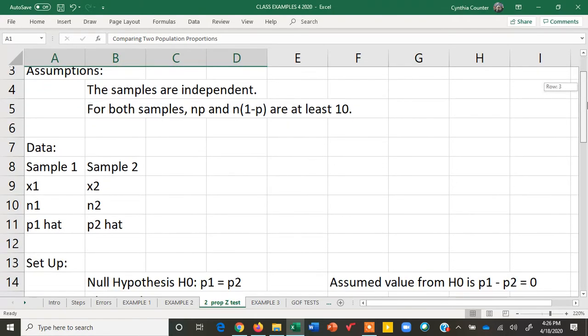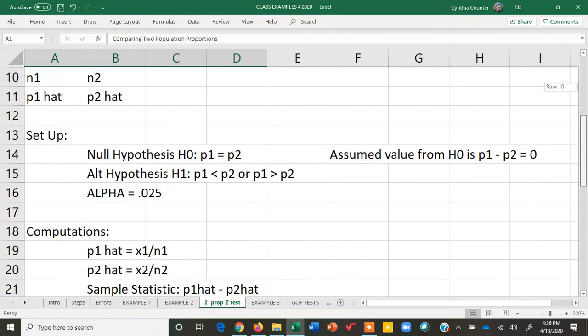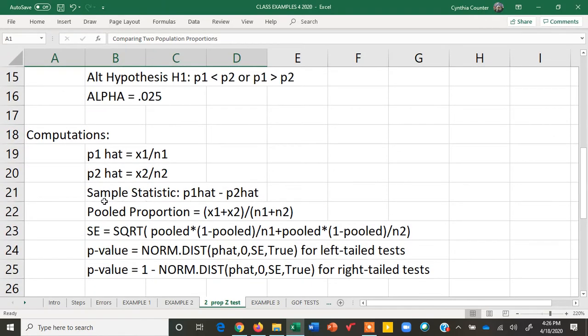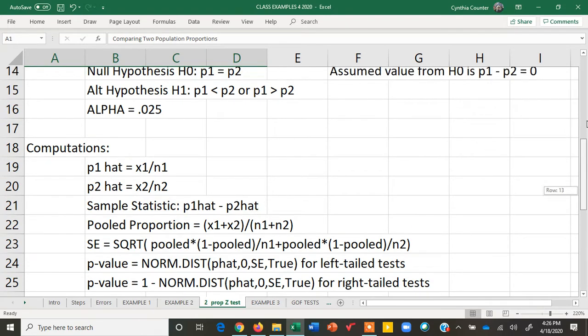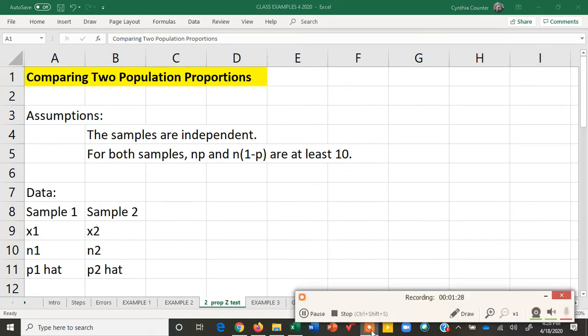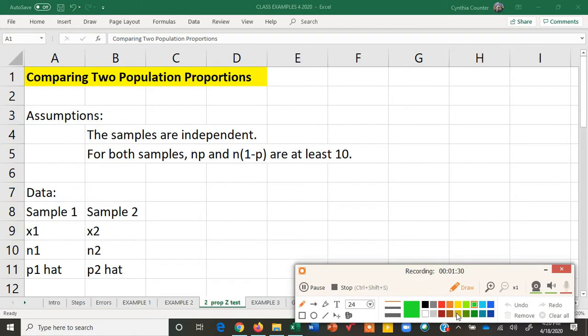The sample statistic in this case involves both of the sample proportions, and it's the difference between the p-hats. So when we conduct a hypothesis test comparing two proportions, we are actually talking about the difference between the two proportions.